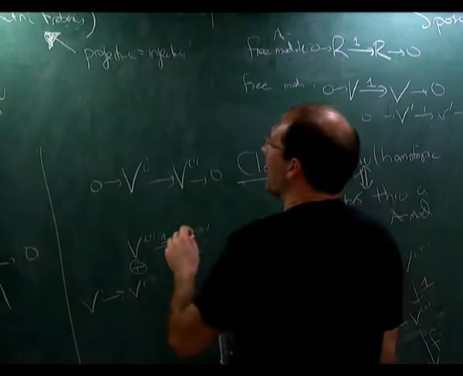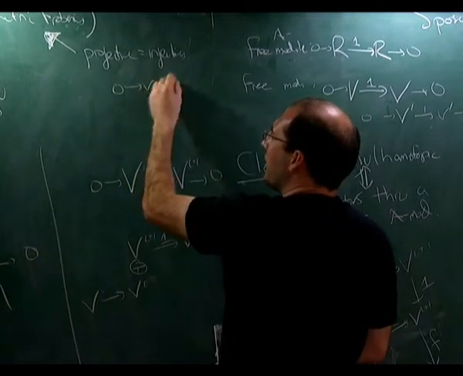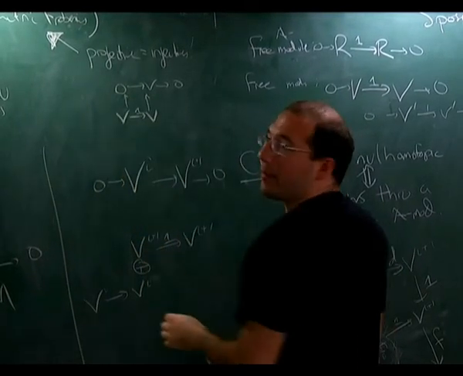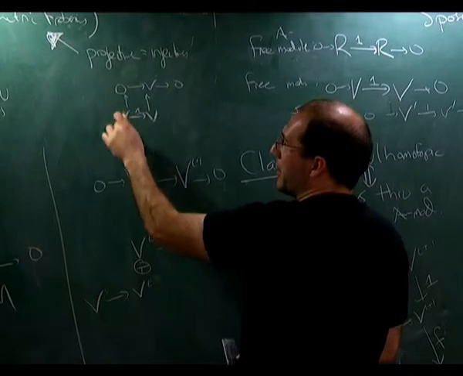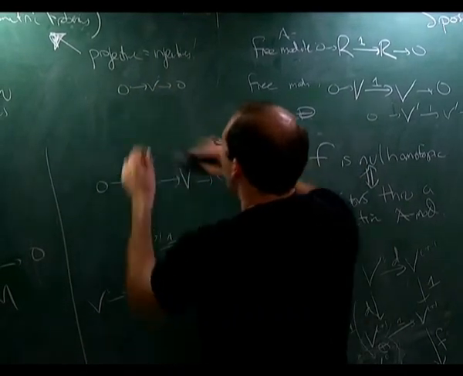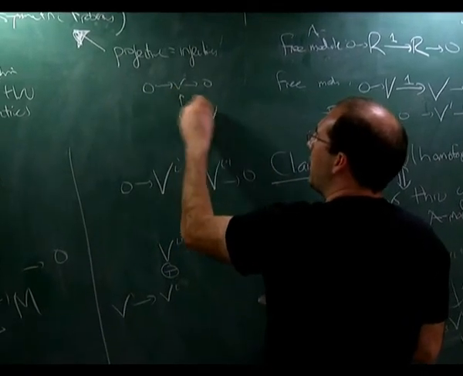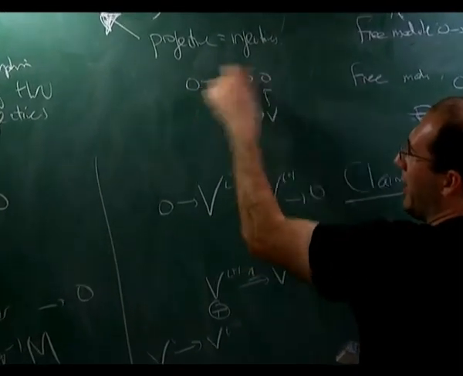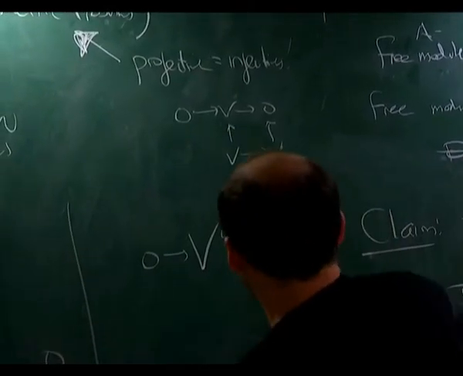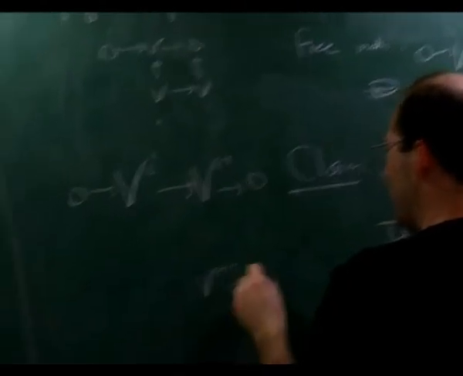Okay? So, if you have 0 goes to v goes to 0, and you have v goes to v by the identity, there is certainly no map here. This does not commute. This is multiplication by 1, and this is multiplication by 0. This is not a chain map. So I screwed up. However, there is a chain map here, because now this diagram commutes to both the 0 map. So let me just shift this over by 1.